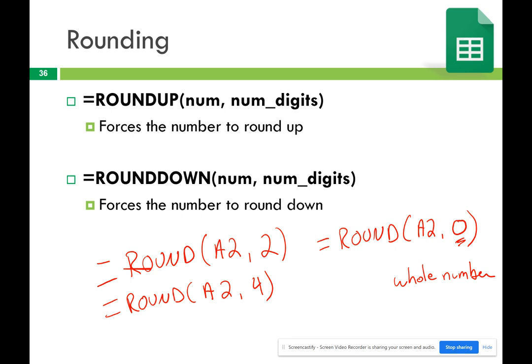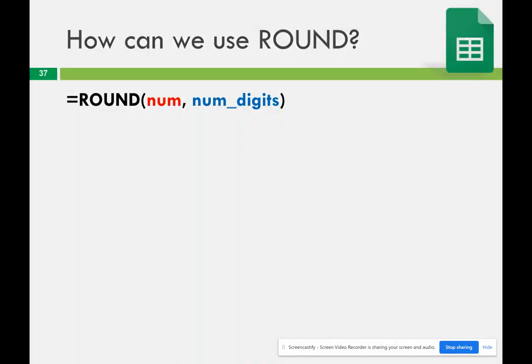Now, just to throw it out there, how can we actually use the round function? Well, I want to focus here primarily on the number, because the number of digits is pretty straightforward. We could do something like this. You could put an actual number in there, 25.29.